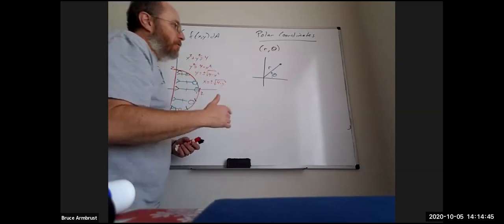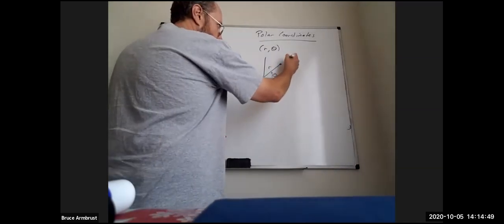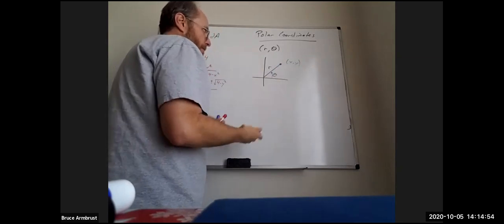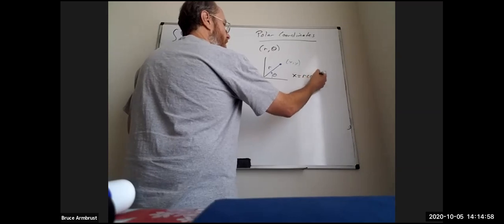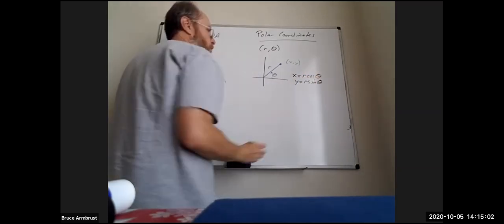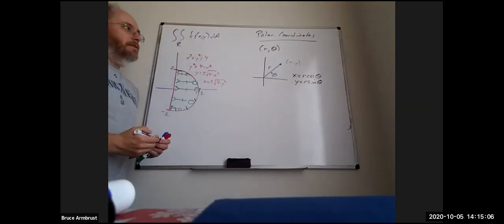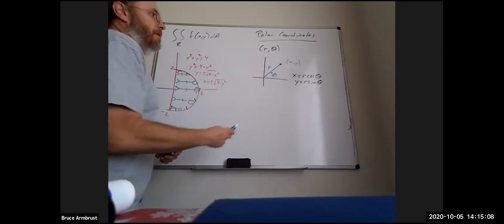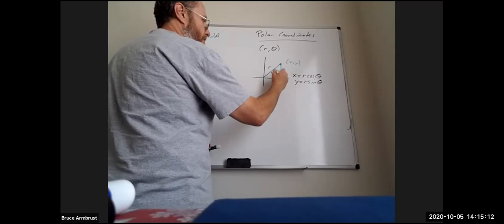And with polar coordinates, there's a way to convert between that and your x y. So let me just remind you of those real quick. The conversions are x equals r cosine theta, and y equals r sine theta. And that just comes from the right triangle. If I were to actually put those x's and y's on here, they're the horizontal and vertical distances.